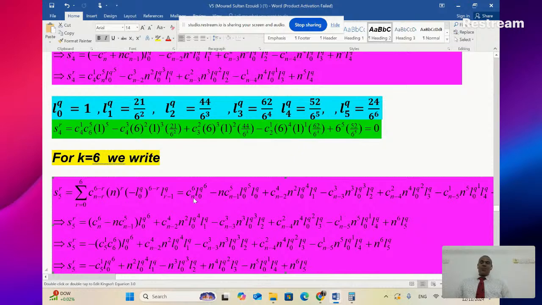So I'll just write S5, after simplifying, learners, I will just focus on the last one.